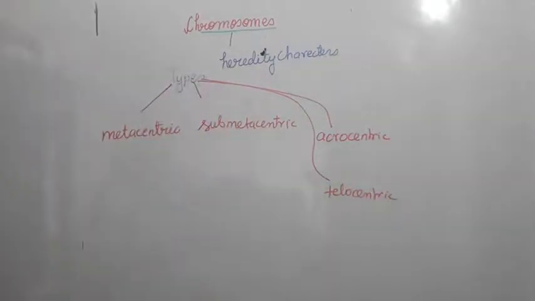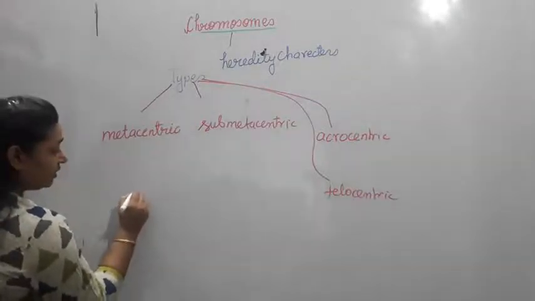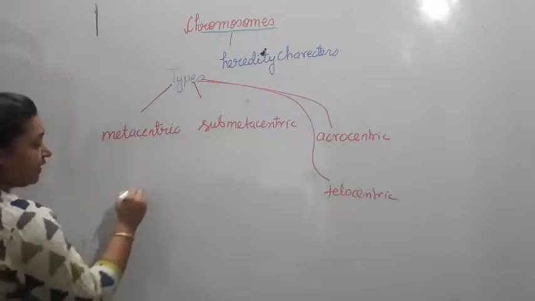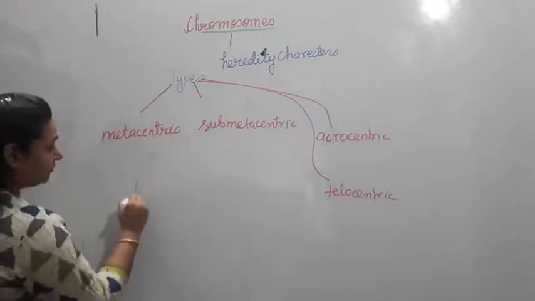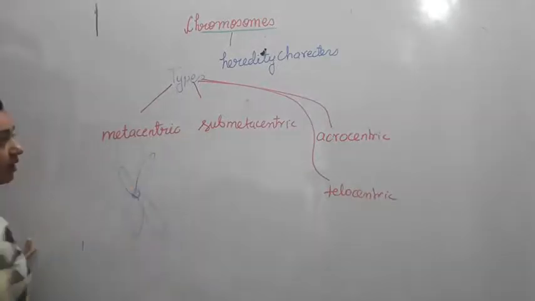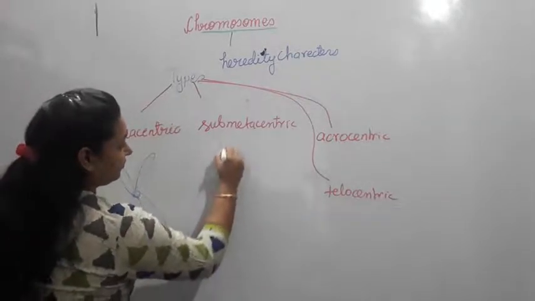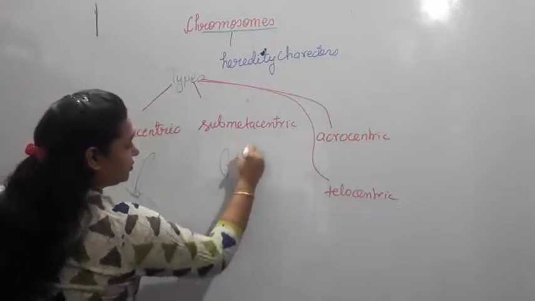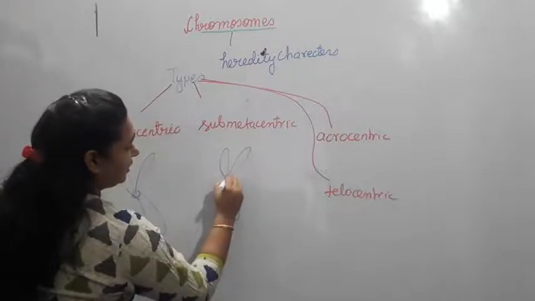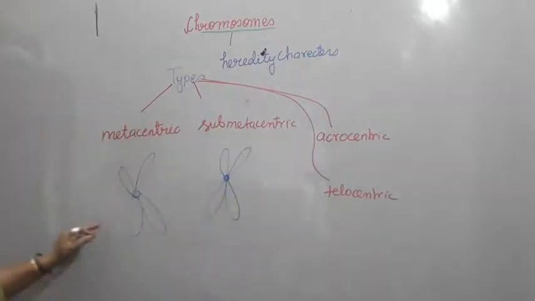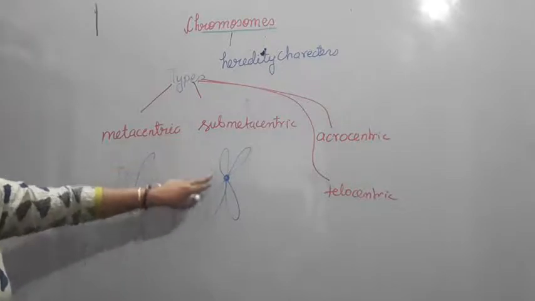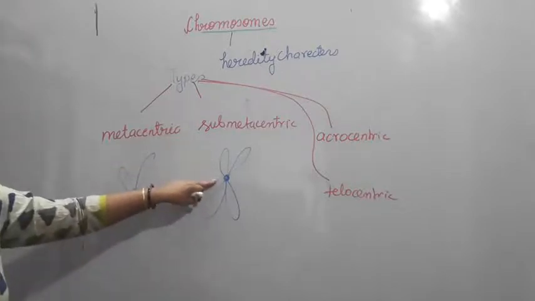In the metacentric type of chromosome, you will see the centromere which we have discussed, this one, it is in the mid. Whereas in the submetacentric, you will see this centromere is a little bit towards the polar area, towards the edge. It's not exactly in the mid.